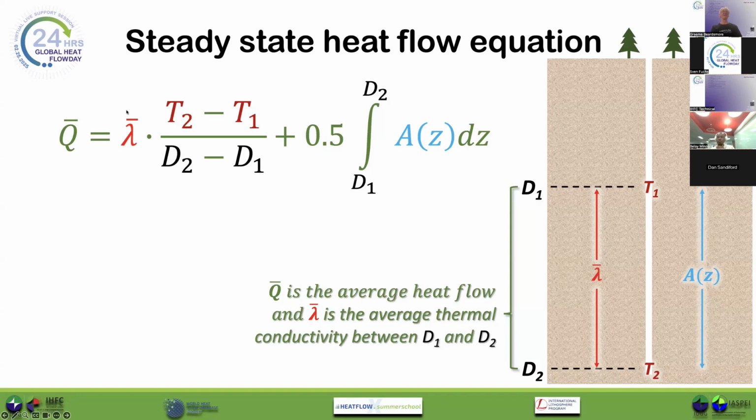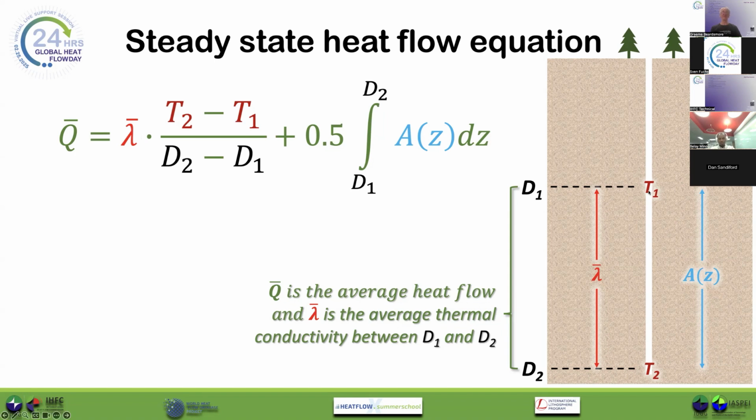This talk is really interested in this term here, the average thermal conductivity over the depth interval, and more specifically looking at methods and tools we can use to measure, estimate, and determine the thermal conductivity over a given depth interval. Because it's relatively easy to measure temperature.